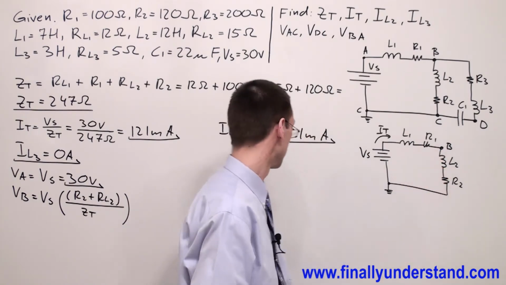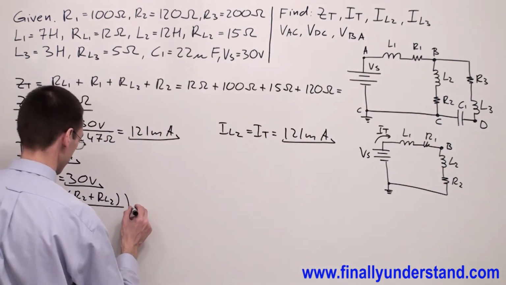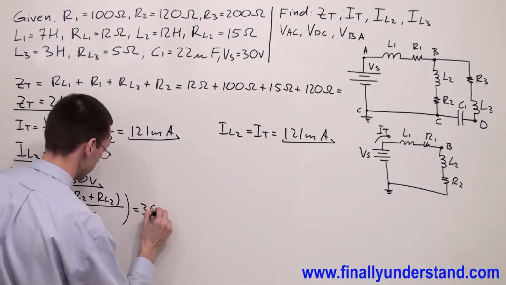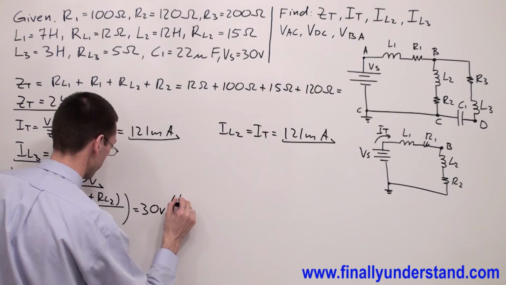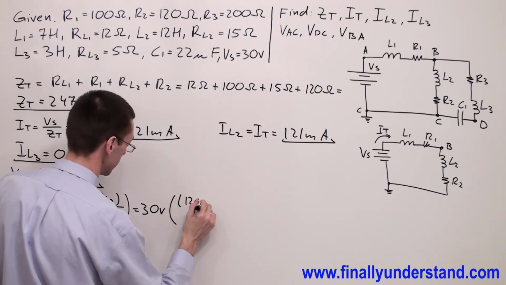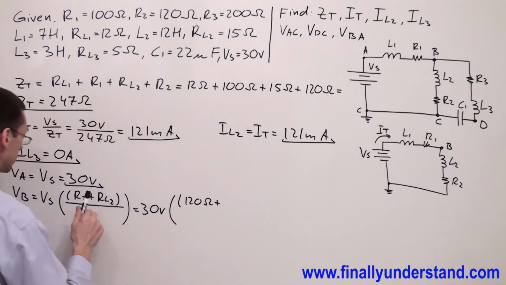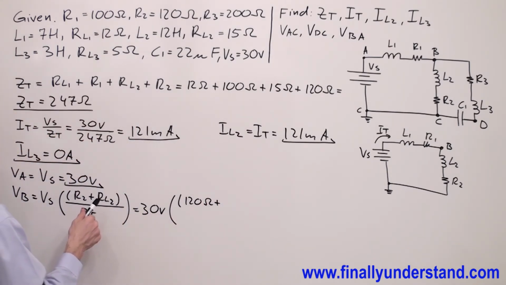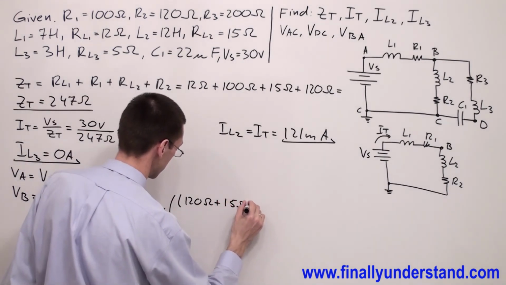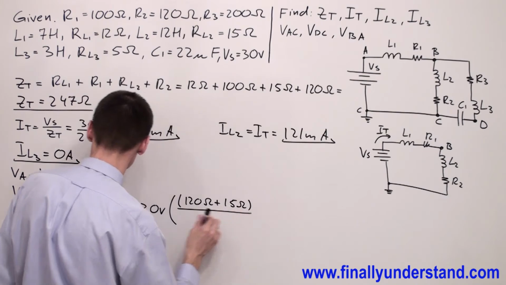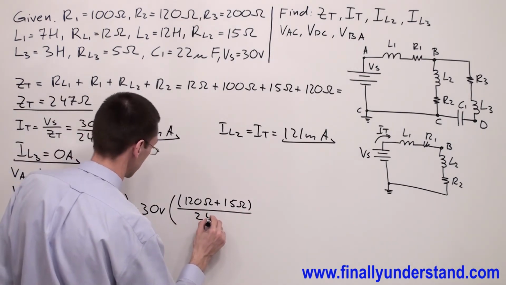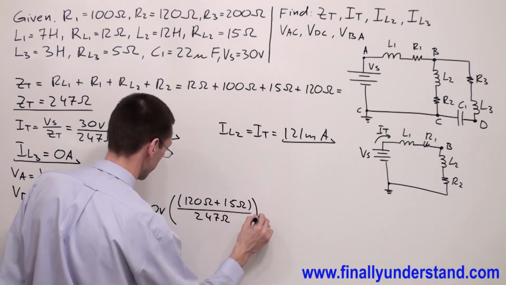is going to give me the voltage at this point. So I have voltage source equals 30 volts times, and I have R2 equals 120 ohms plus RL2, which is equal to 15 ohms, close parenthesis, over Z total, which is equal to 247 ohms.